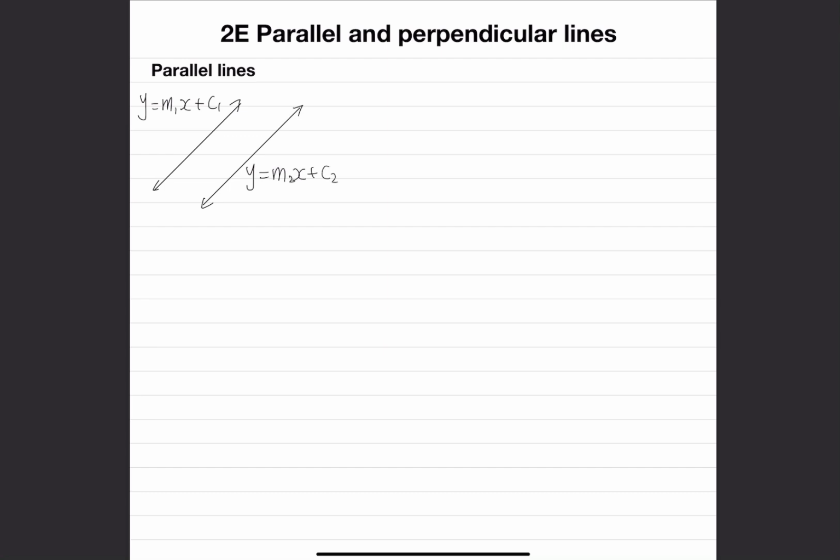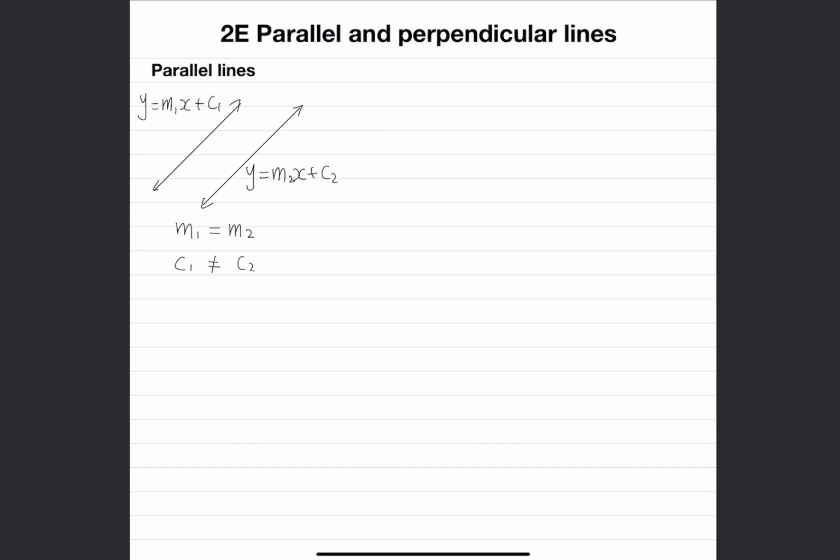Now we know that if the two lines are parallel, their gradients will be equal. And since we are still able to see two distinct lines, that means the y-intercepts should not be equal. Now let's think about how to prove that the gradients are equal in parallel lines.